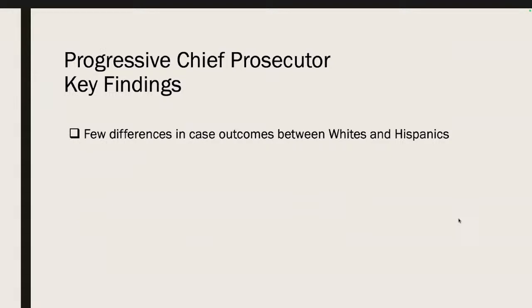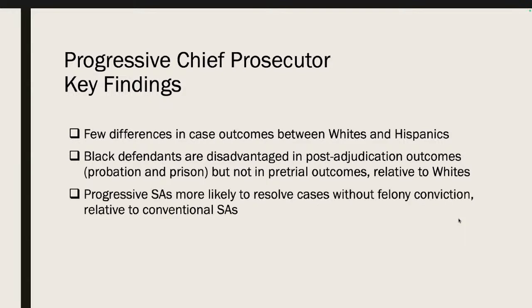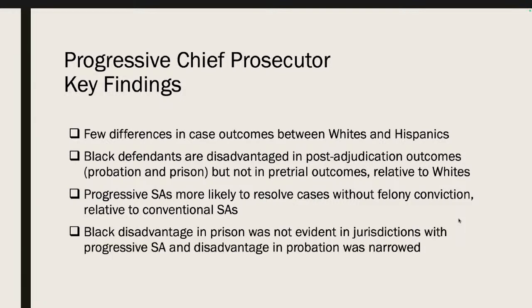So what we find overall is there are few differences between whites and Hispanics. Black defendants are disadvantaged in post-adjudication outcomes, prison and probation, but not in the pretrial outcomes. Progressive prosecutors reduced the size of these disparities, and there are actually very few disparities, particularly in the pretrial outcomes, relative to conventional ones.